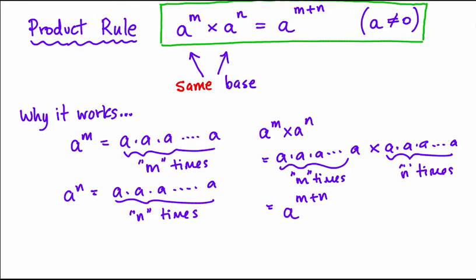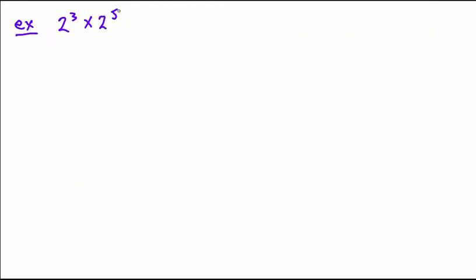So here's a couple more examples. 2 cubed times 2 to the 5th. So by the law, I just add up those exponents since the bases are the same, and I get 2 to the 8th. If you want, you can calculate these out, but you don't need to unless it says to simplify.